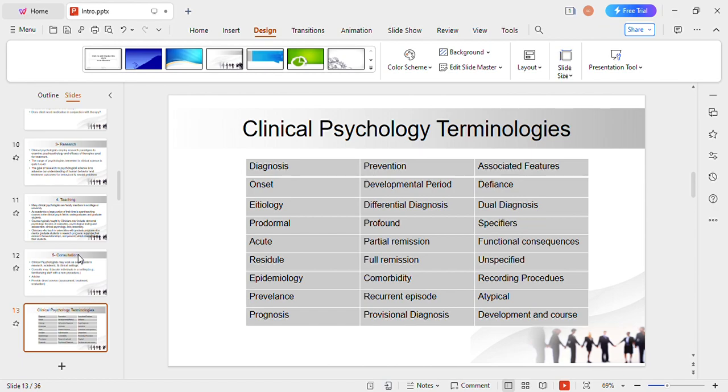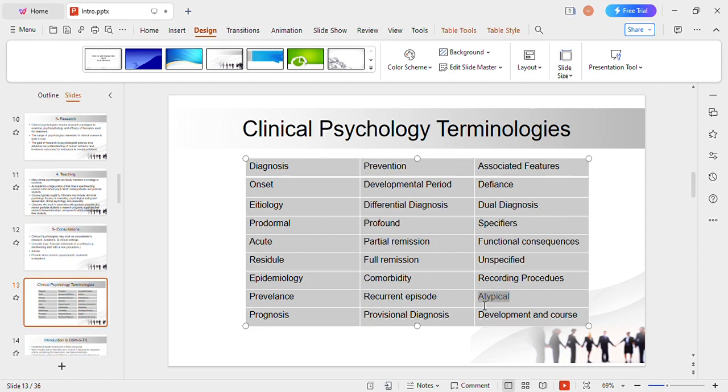Like if a schizophrenic patient has delusion, hallucination, disorganized speech, and catatonic behavior, but sometimes they show mood disorders too. So mood fluctuation would not be a representative symptom of schizophrenia, so that could be known as atypical.